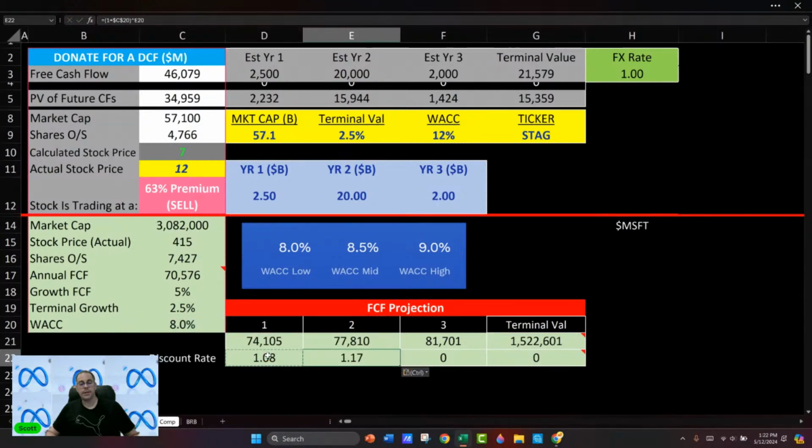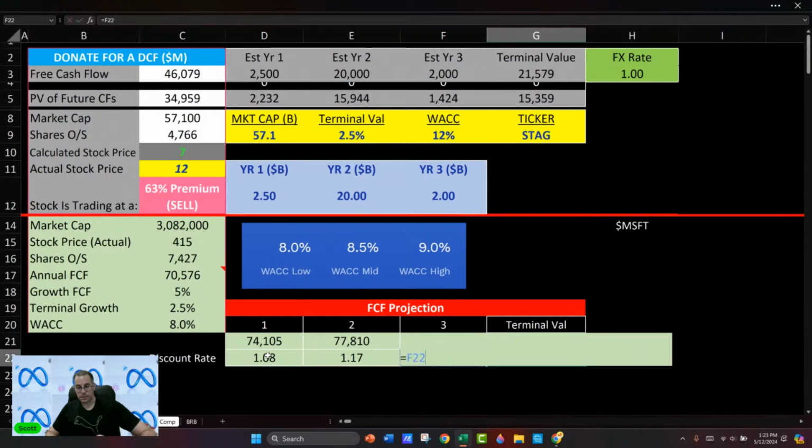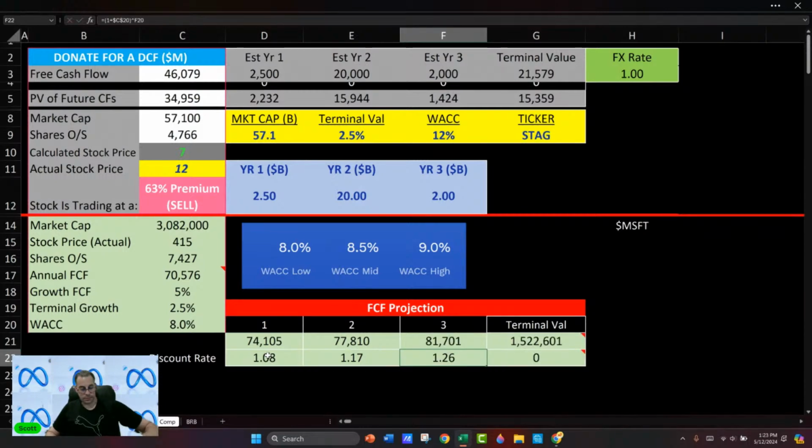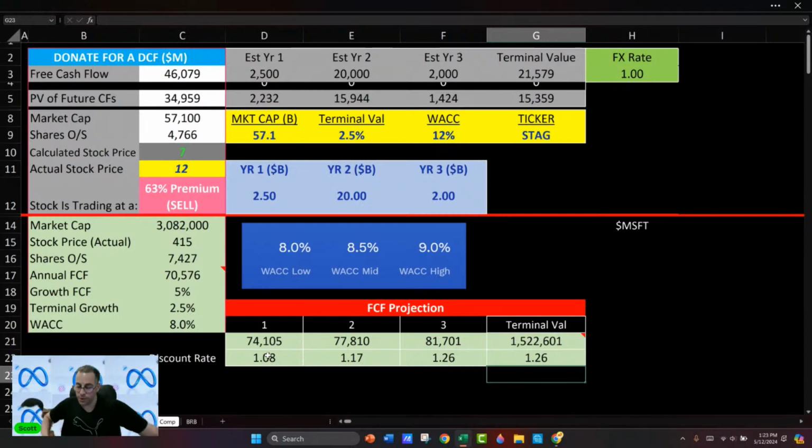And in 2 years, it's 1.08 raised to the second power because you discount it more. Because as you go further and further into the future, those funds have to be discounted a lot more.